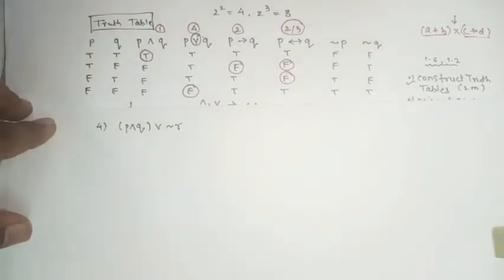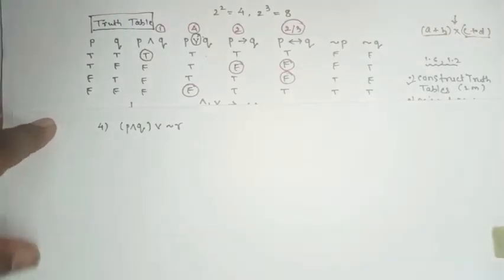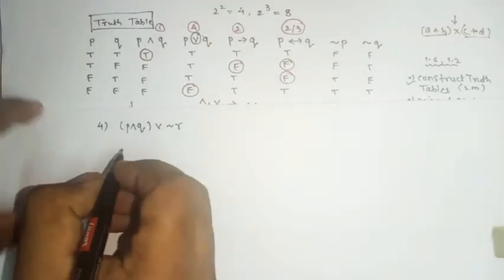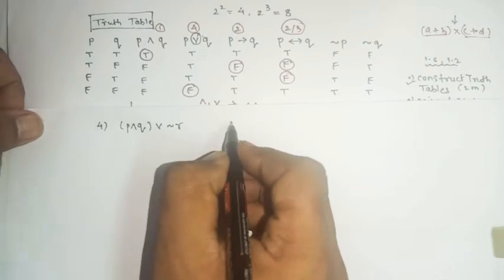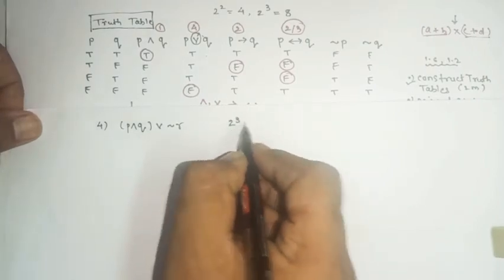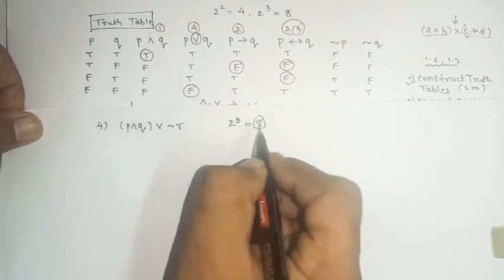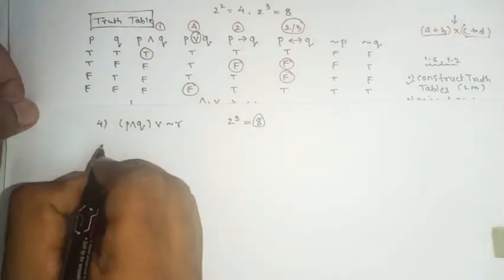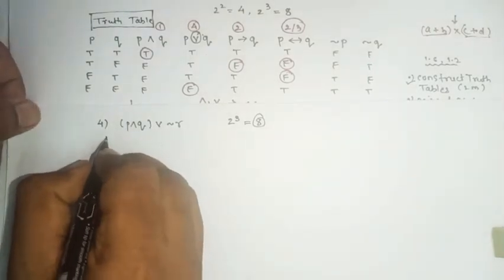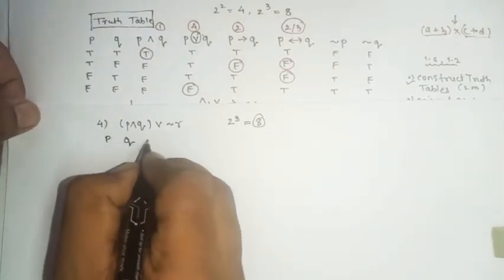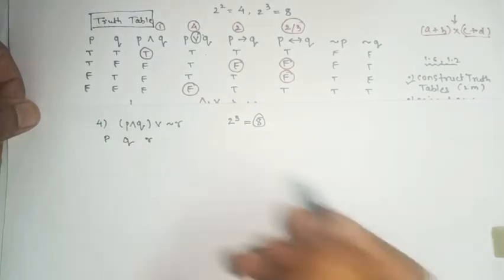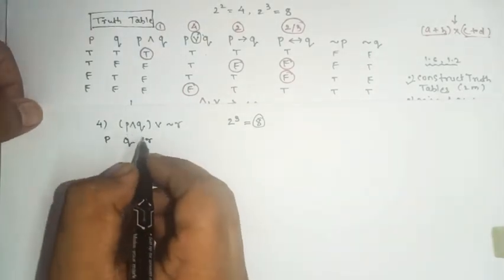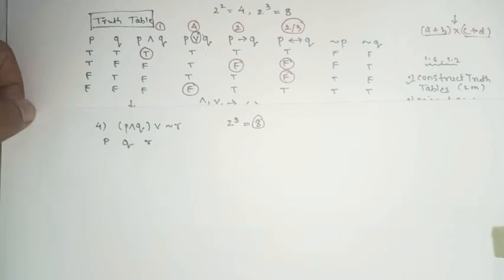So now we'll take one sum based on 3 alphabets. Okay, so for 3 alphabets we know that the number of conditions will be 8. So first you will write P, Q and then R. Yes or no? Then after that give importance to negation.